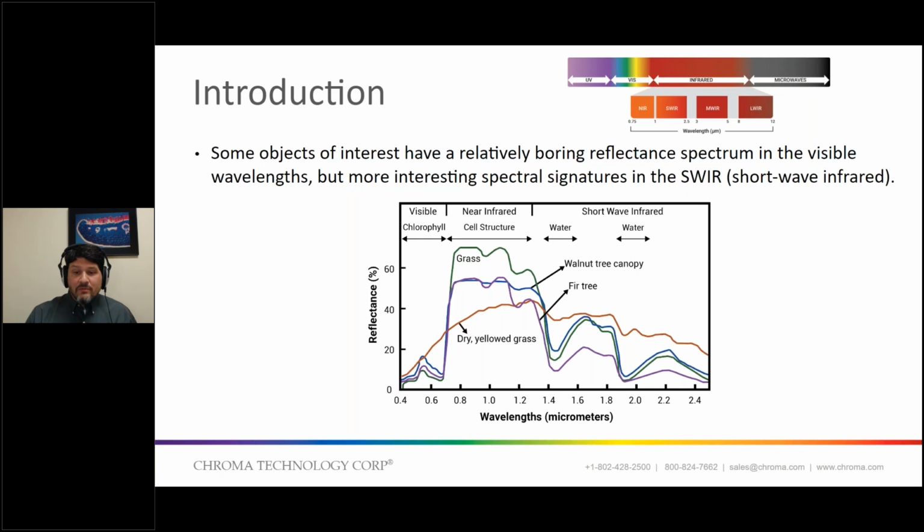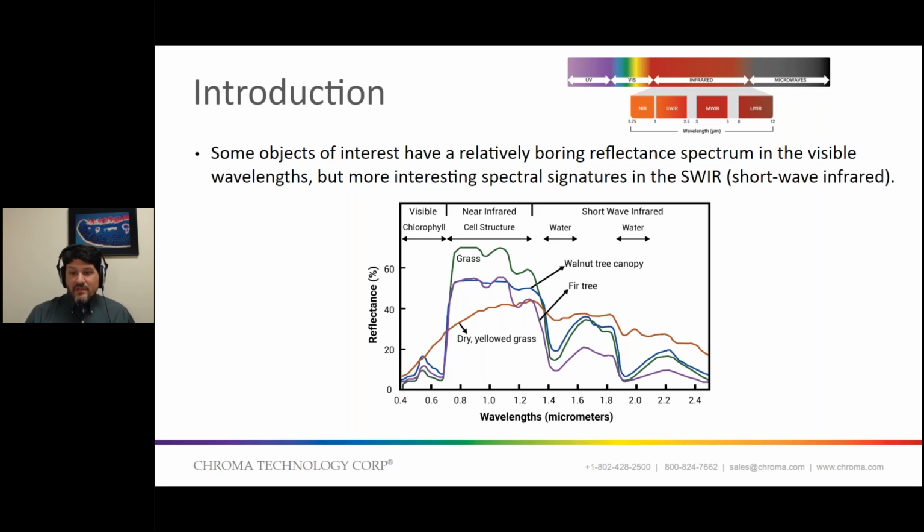There are reflectance spectra of dry grass, regular grass, and some trees. And there are interesting things going on in the SWIR up near the 1,000 to 2,000 nanometer range.